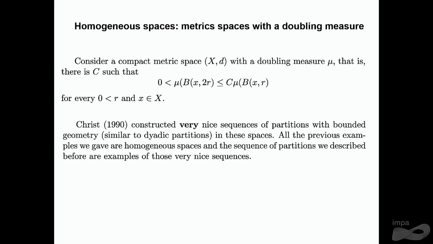So it's extremely general. Let me just give a more general example. If you pick a metric space with a doubling measure, there is a way to construct sequences of partitions. There is this theorem of Christ, from the 90s, a 2-page theorem where he proved that you can find a sequence of finer partitions that are very nice.